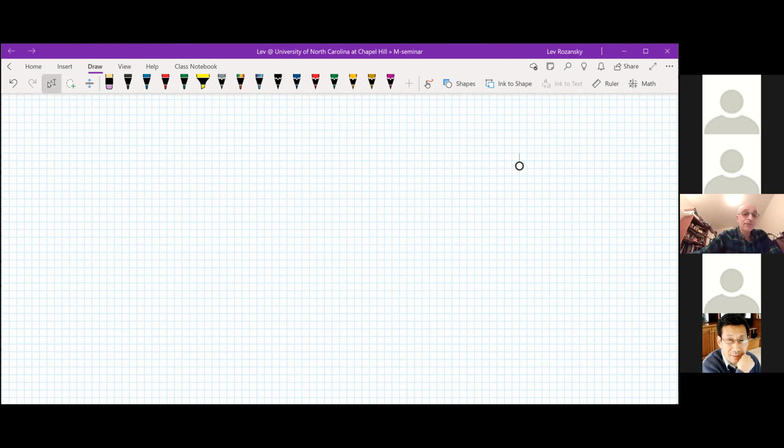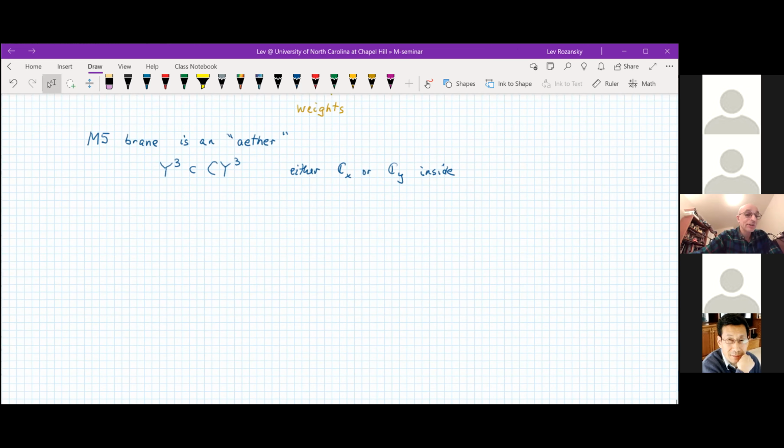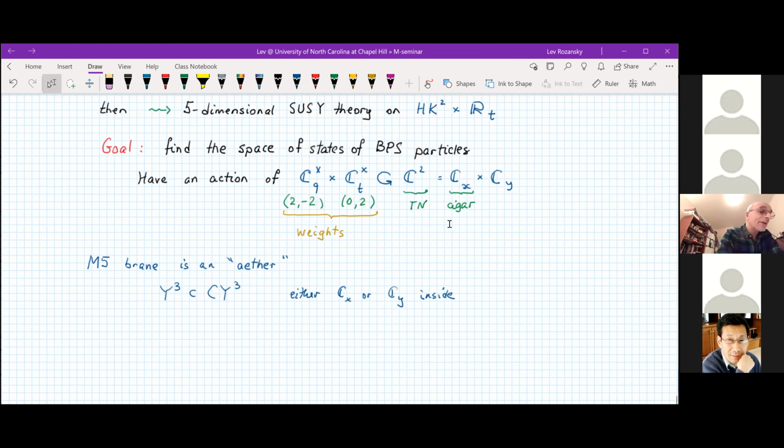my laptop, I'm afraid it's overheated a little bit, misbehaves, inside C2, which is Cx cross Cy, which is our hyperkähler 2. Do you multiply it silently by a line?